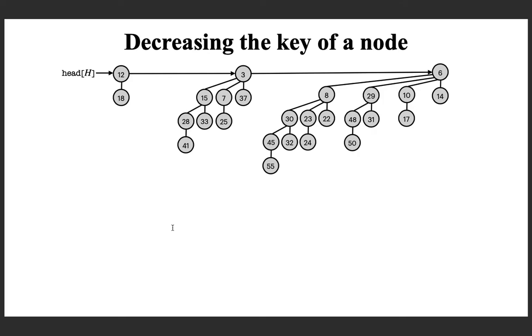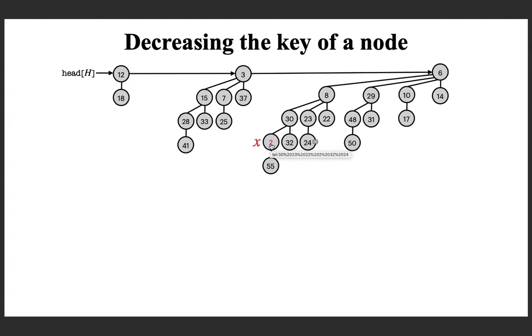Suppose you are given a binomial heap like this, and you want to decrease the value of this node, call it x, to the value 2. Previously this node was containing the value 45. Now you want to set it as 2. So you just rewrite it. You change the value of that node to 2.